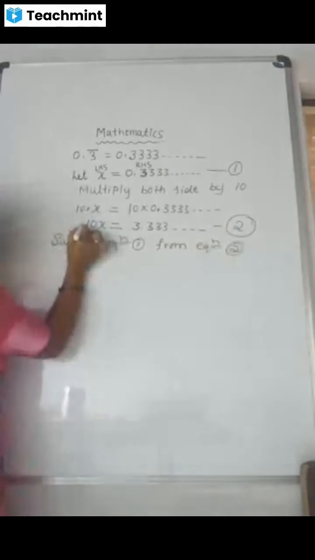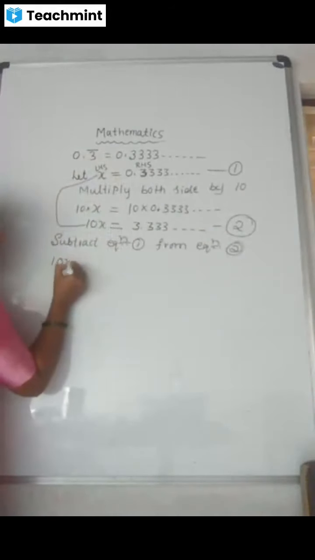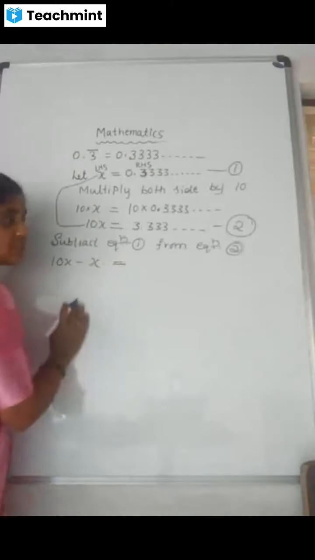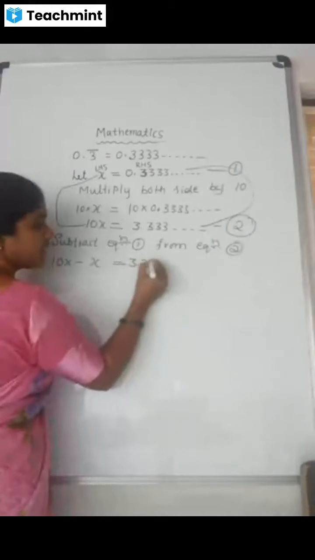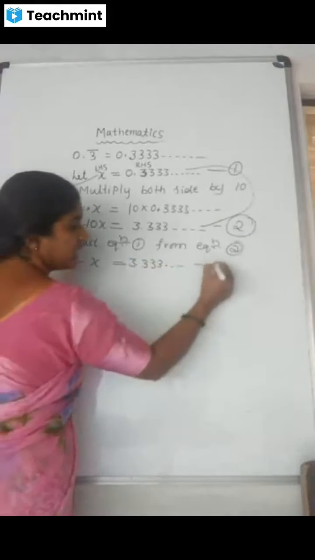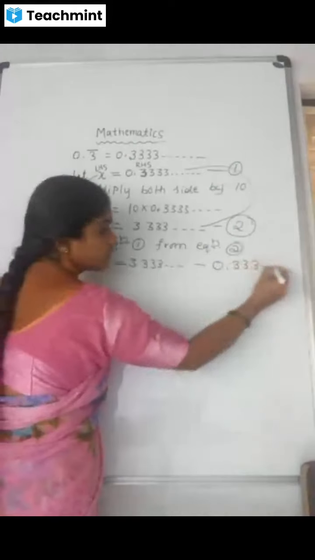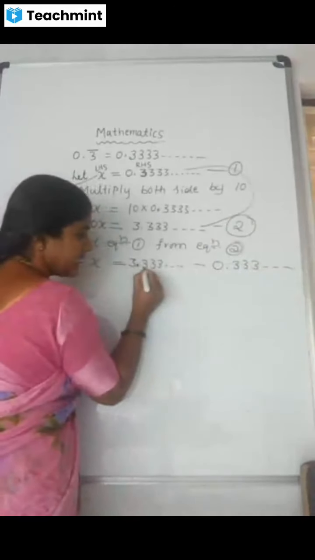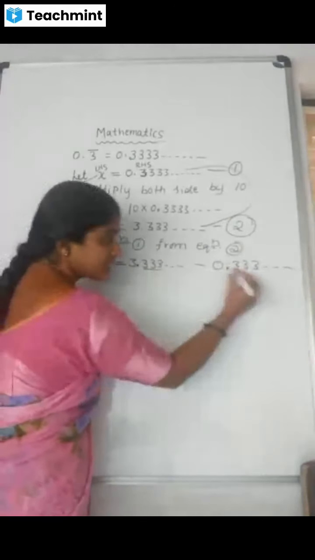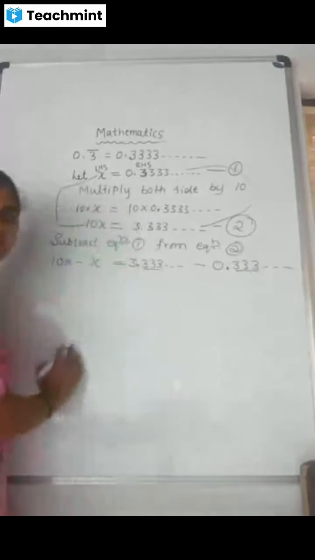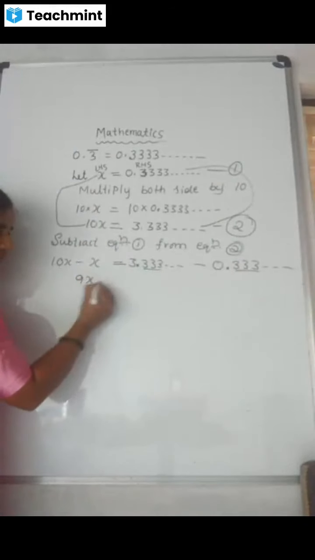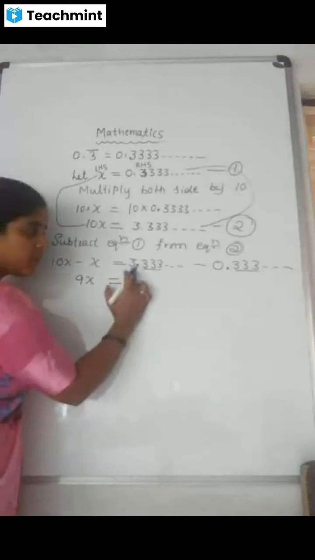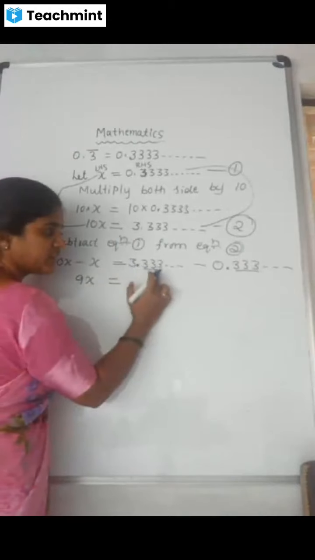What will we get? Subtracting this 1 from this 2 gives 10x minus x, which is equal to the right hand side, this minus this, that is 3.333 so on minus 0.333 so on. After the decimal, take the same number of digits on both sides, and the subtraction becomes easy. So 10x minus x is 9x, which is equal to 3.333 so on minus 0.333.